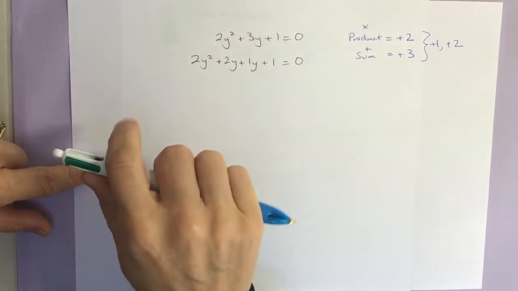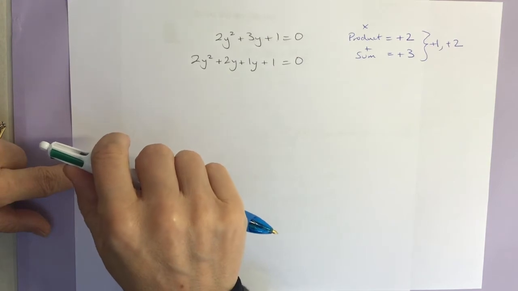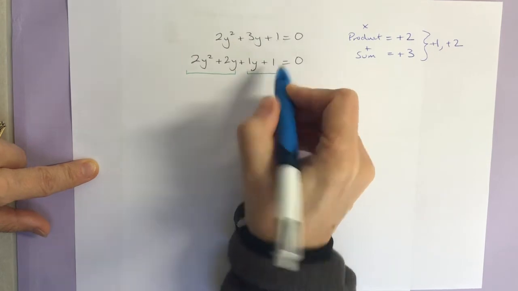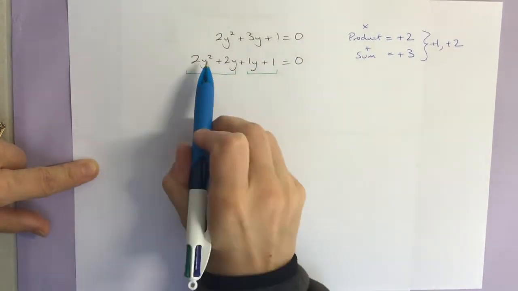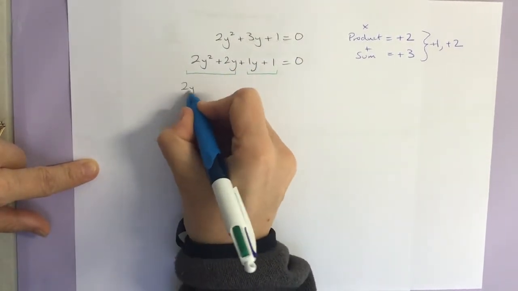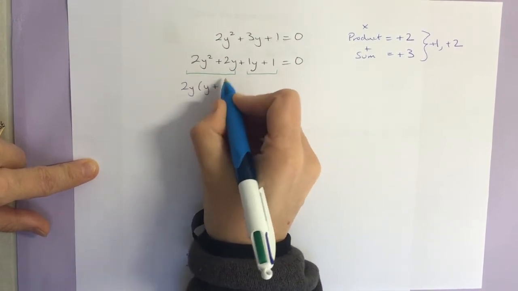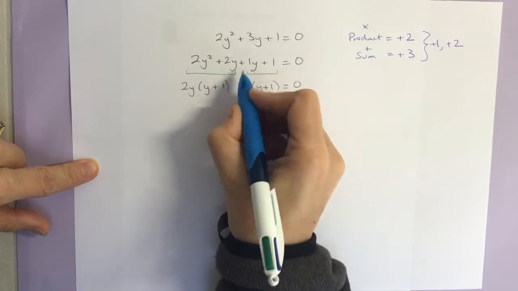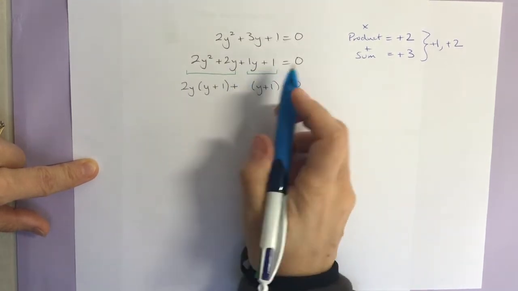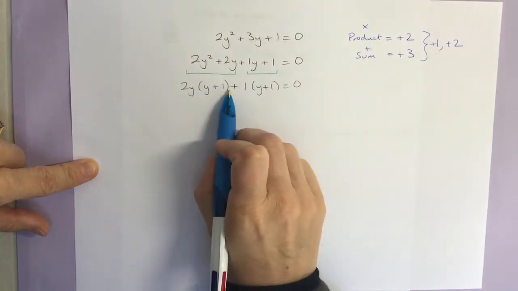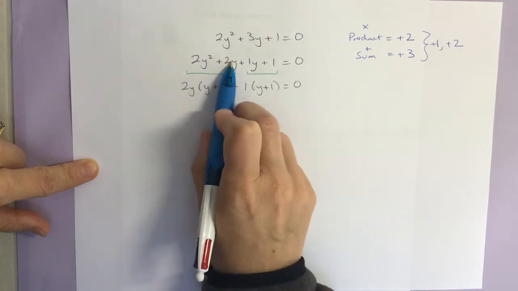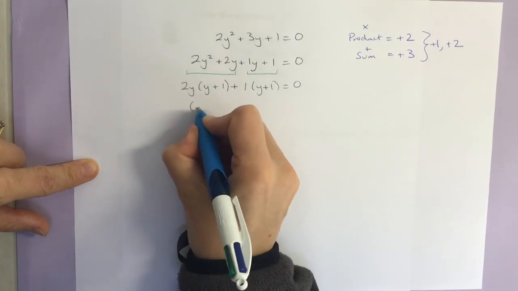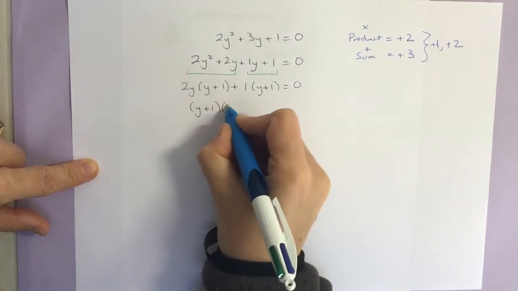Let's look at factorising using our pairs here. So common factor here, 2 and y, so 2y leaves me with y plus 1. So I know that this bracket's got to be y plus 1. I need a plus in the middle, and all I'm doing here, I just need plus 1. So let's just check that. 2y squared plus 2y plus 1y plus 1. So that's definitely right.